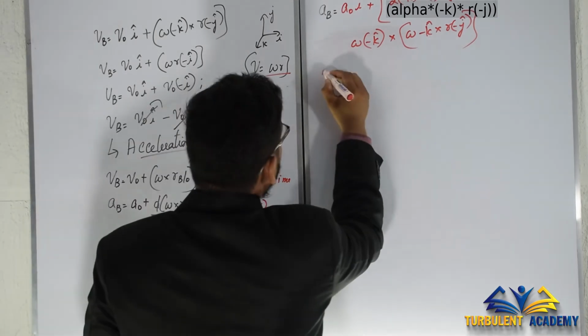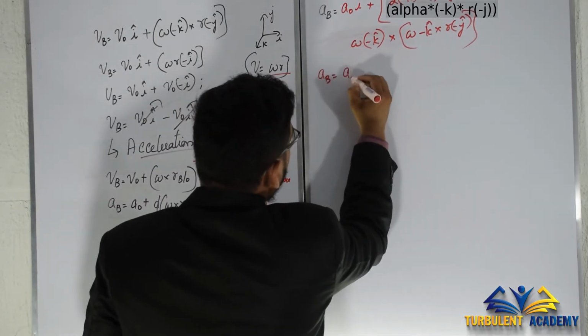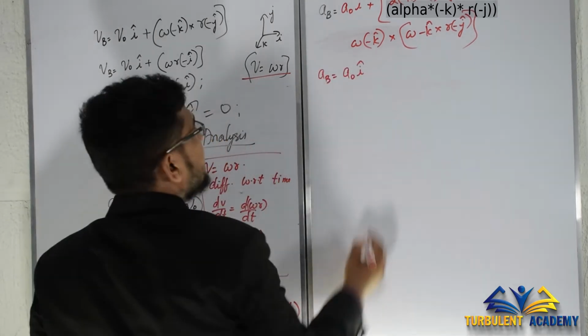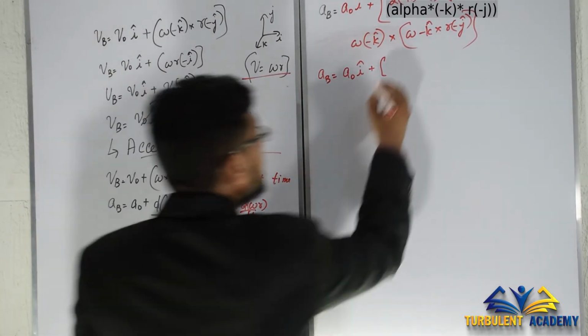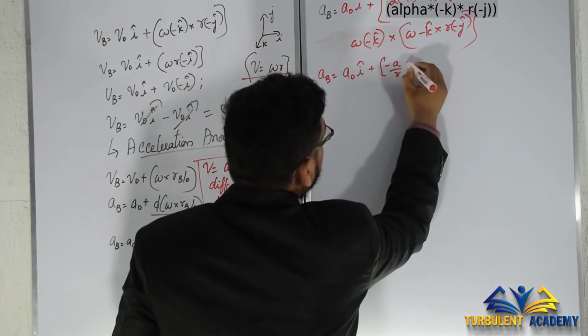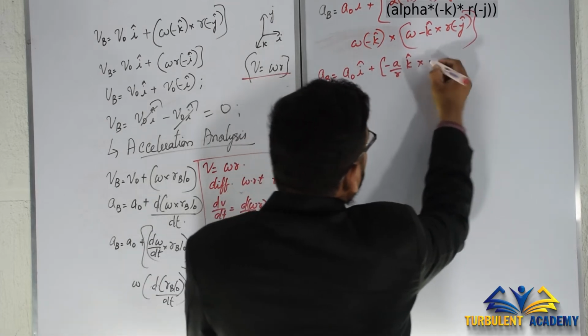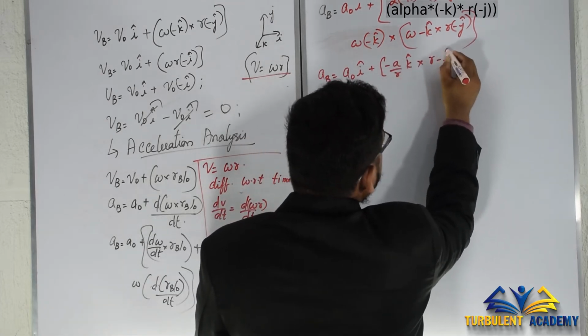Now I am going to solve this further. AB equal to AO I cap plus alpha, we have found it out earlier, A by R, so minus A by R k cap into R into minus J cap.